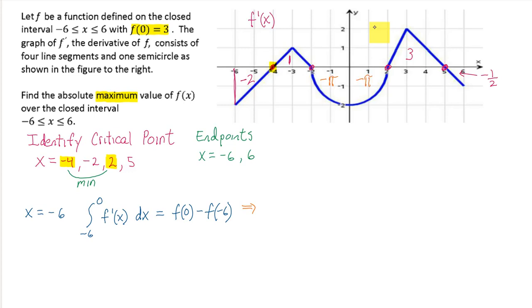So we have -2 plus 1, which is -1, minus pi, which gets me all the way up to 0. So we're at -1 minus pi. That's the integral, the left side of this. And that is supposed to equal f of 0, which they told us was 3 at the very beginning, minus f of -6, which is what I'm trying to find here.